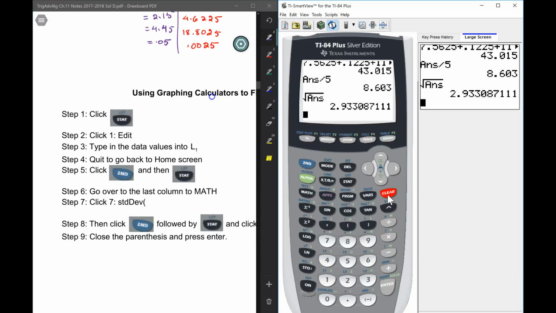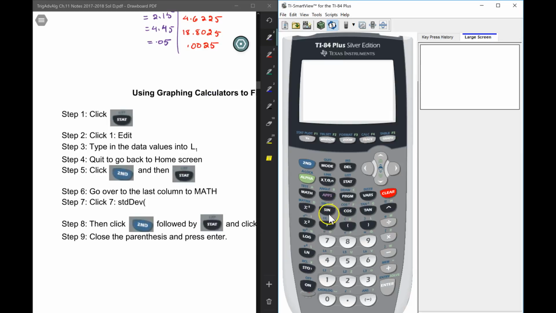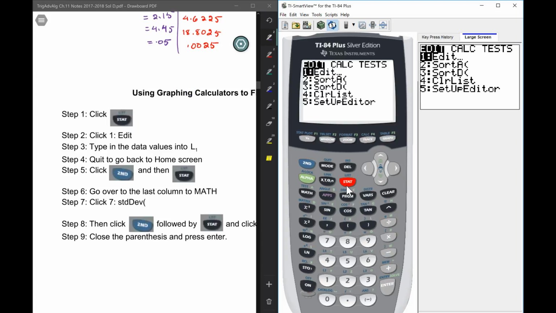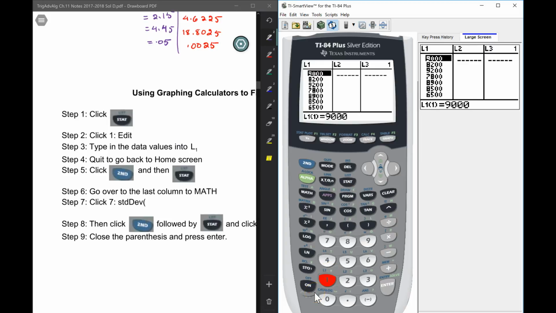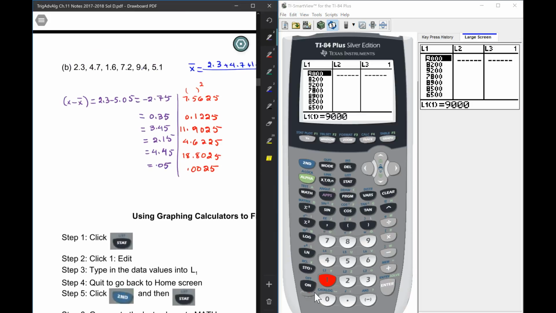So what we do is click this one, stat. It's right under the delete button. Hit number 1 for edit. Type in the data values.